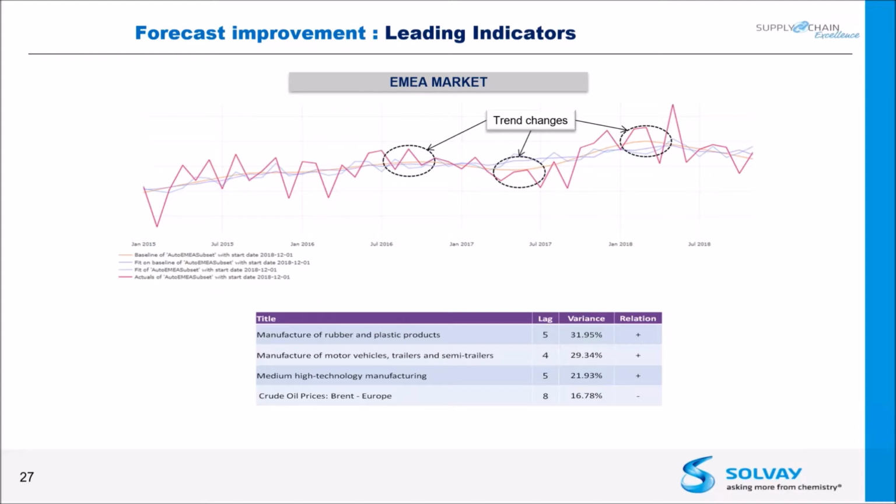So here we are for the European market, and for this test case, we wanted to compare the past. Of course, we already have a view on the future, but to see whether this technique was generating results, we wanted to apply it to a data set in the past and compare it with our traditional way of forecasting.